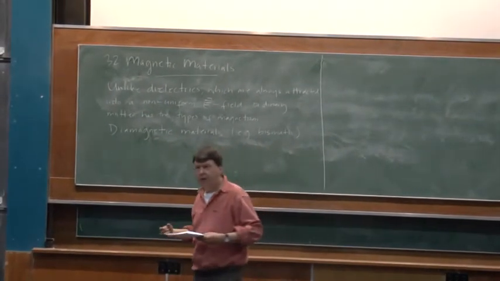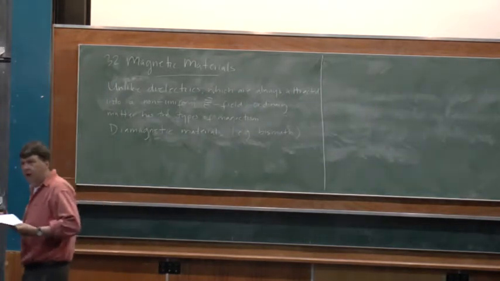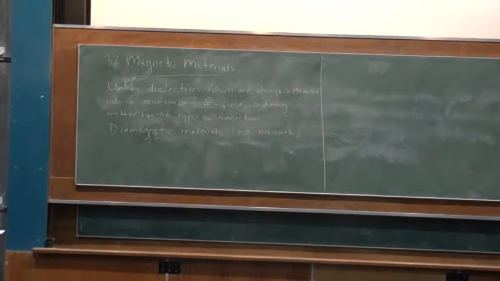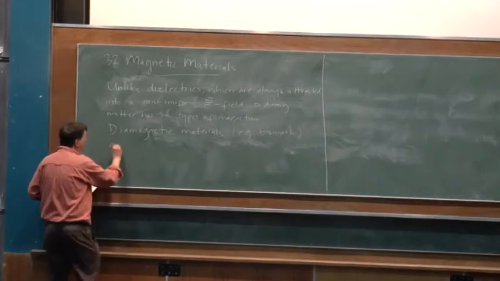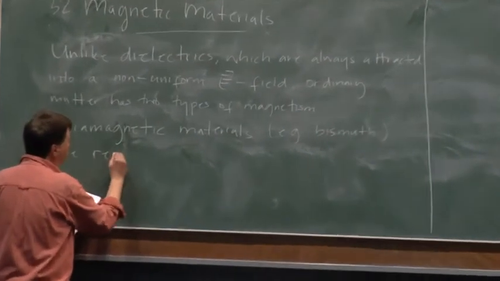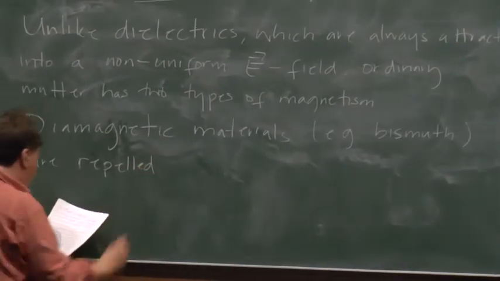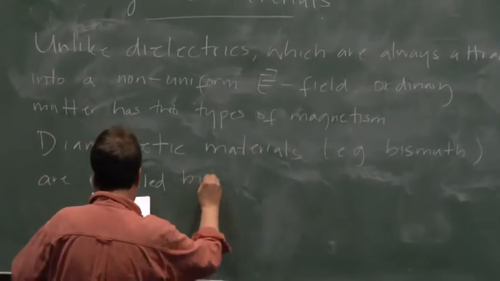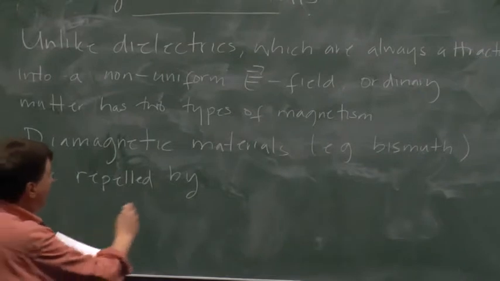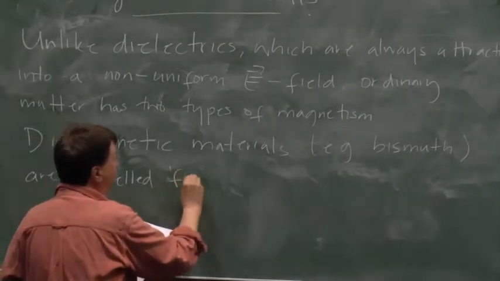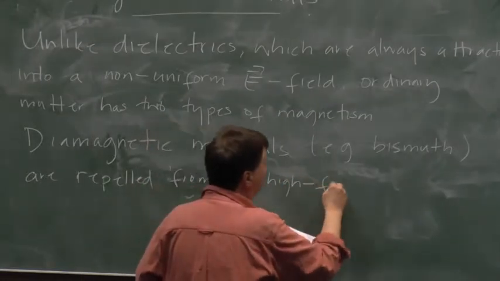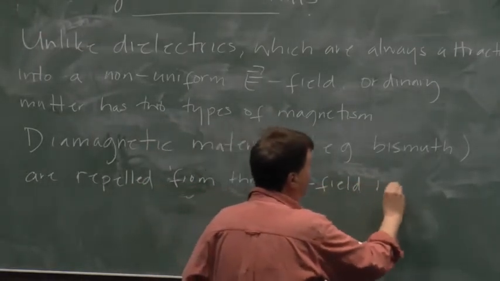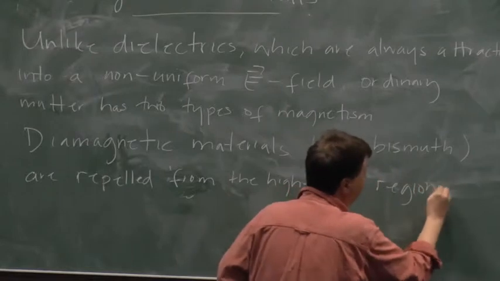And all substances like that, where the ground electronic state of the system doesn't have unpaired electrons, are repelled by a magnet, let's say from the high field region. If you like, this is basic fact number one.